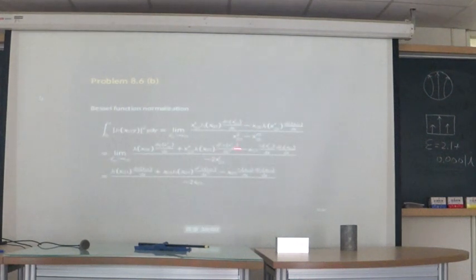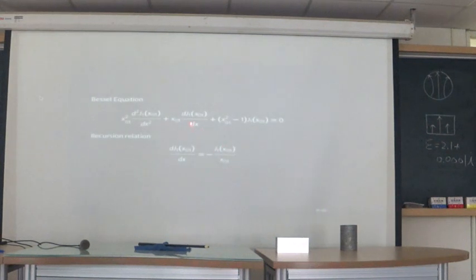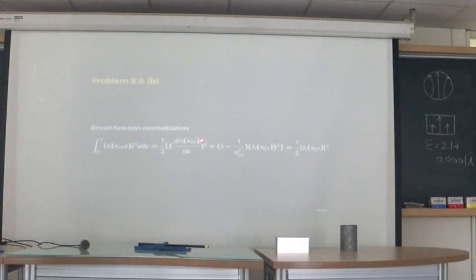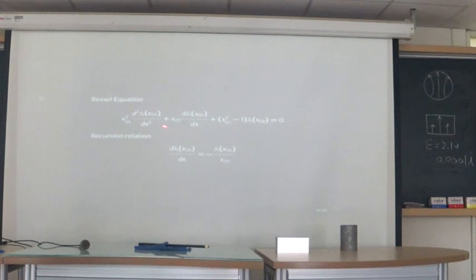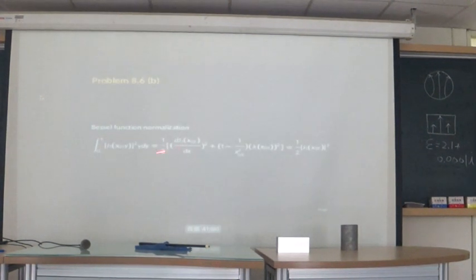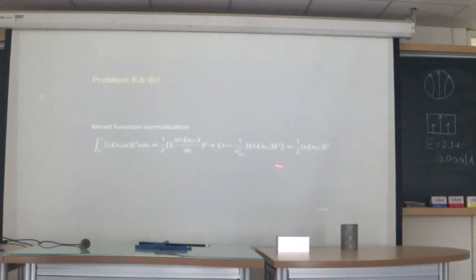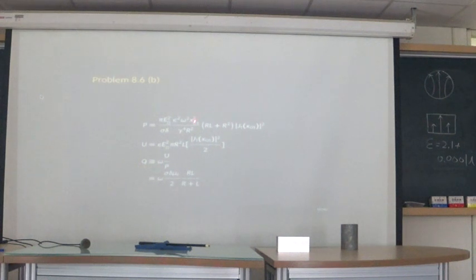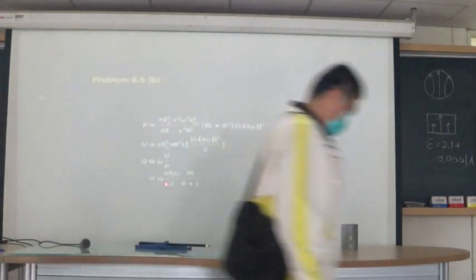After these tedious calculations, you will find that you need to use Bessel's equations or their recursion relations to find the integration is finally just J1 squared divided by 2. So after we use this formula, we can calculate the power loss and the energy stored in the cavity, and the Q factor is omega times U divided by P. So finally we will get that Q is equal to this.